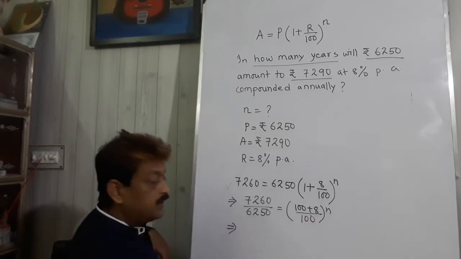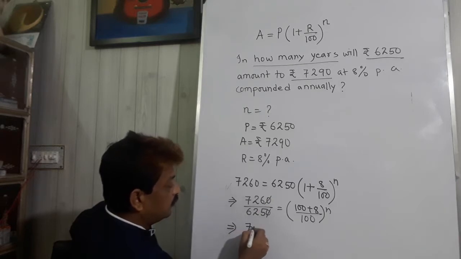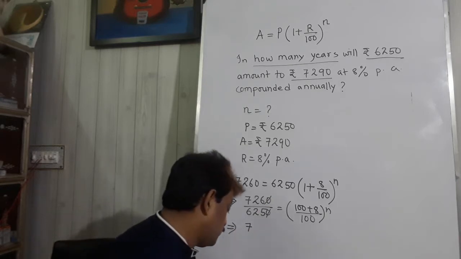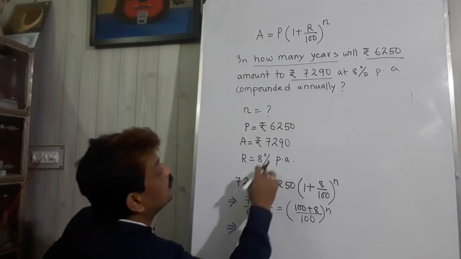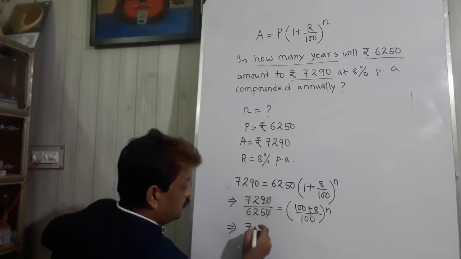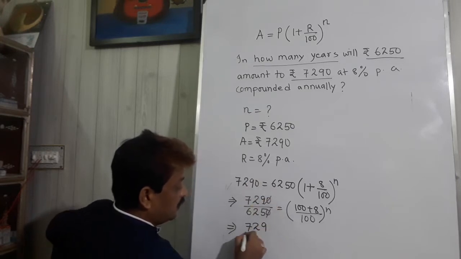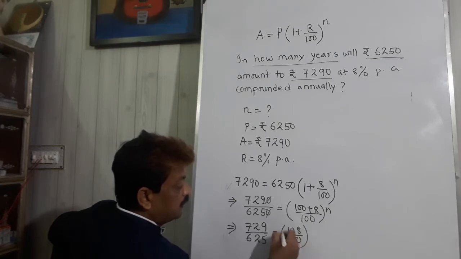So after cancelling the 0, sorry, it is 7290. So 729 upon 625 is equal to 108 upon 100 to the power n.